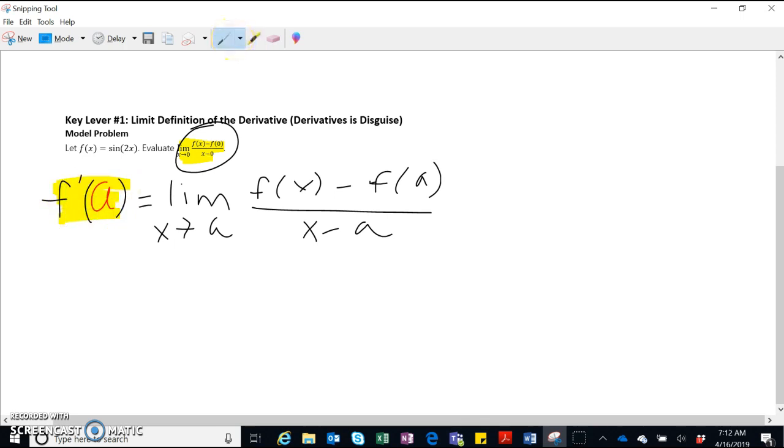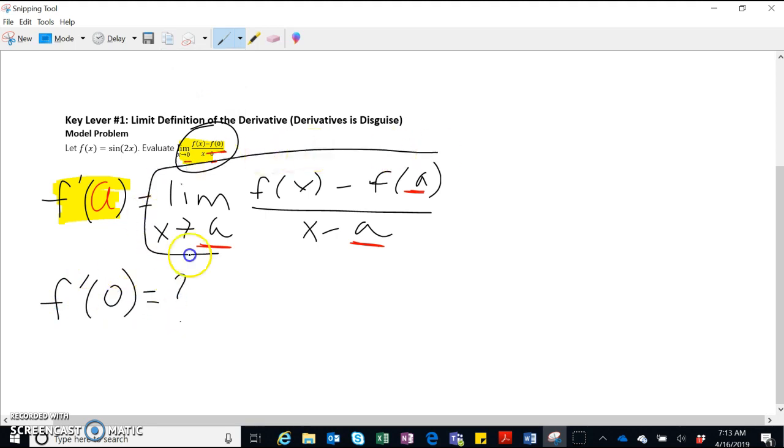And if you link up all of the pieces of the original definition with our problem, it looks to me like this value of a that's showing up in my definition is being replaced with a 0 back here in the limit for this model problem. So what I want to try and do is just uncover what f prime of 0 is equal to in this problem. That's all that this limit is really wanting me to compute.